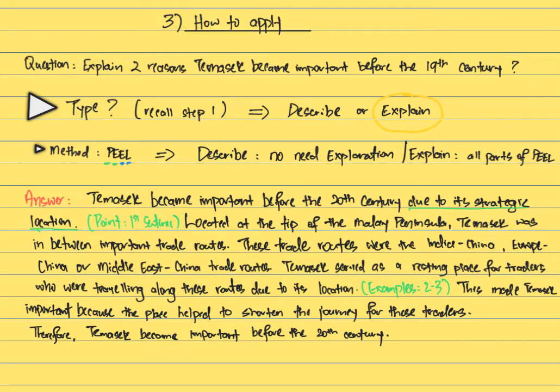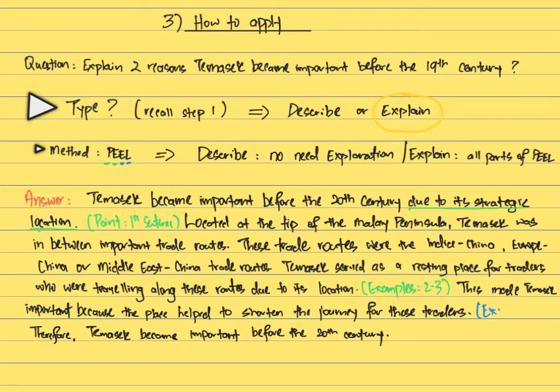Now the next part of the answer actually shows the reason why Temasek became important, because being part of the trade routes, and the trade routes include all the India-China, Europe-China, Middle East to China trade routes. Temasek was a resting place. So why Temasek became important was because it helped to shorten the journey.